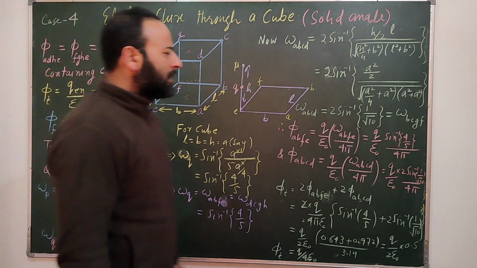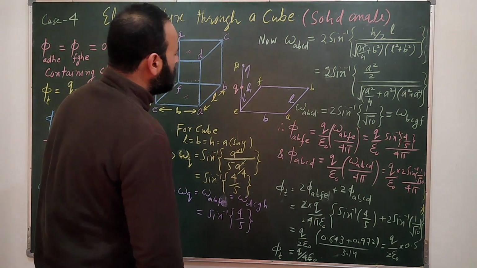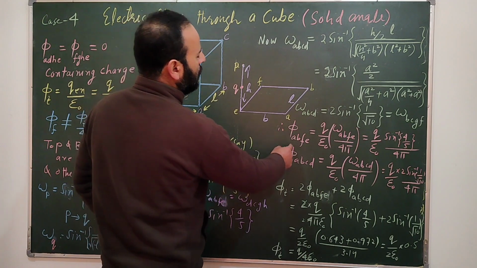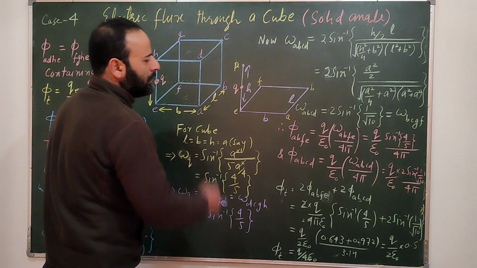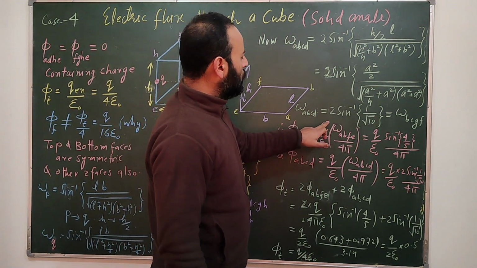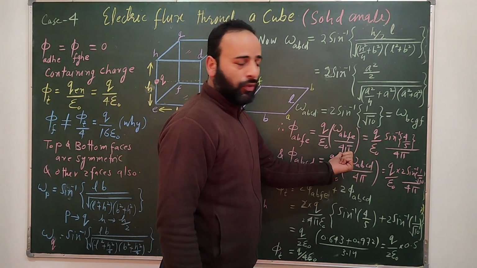So now let's calculate what is the flux through these faces. So first of all, we'll see the flux through ABFE, that is the bottom face, that will be same as that of the top face. So that is Q by epsilon naught, solid angle subtended by the face divided by 4 pi.